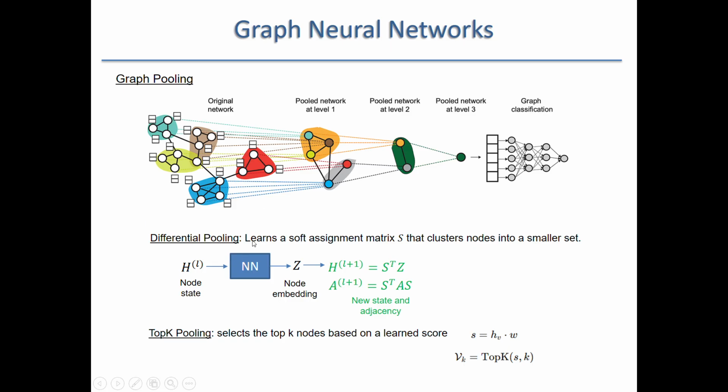We can do this differentiable pooling. In differentiable pooling, we have the node states in the previous layer. We go through some neural network, and this neural network will produce node embeddings, and then the node embedding set will be used for the next layer.